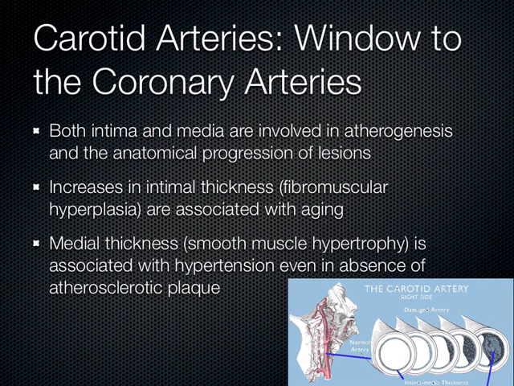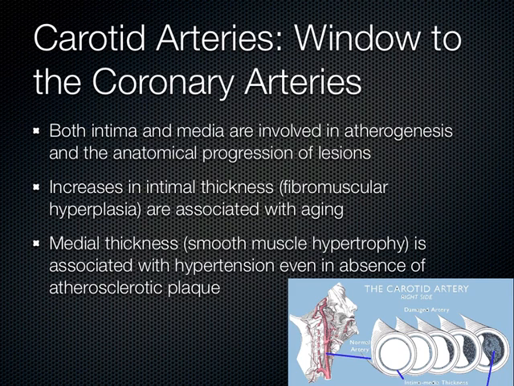Now we're going to talk about the carotid arteries, and a lot of people think that the carotid arteries are a window to the coronary arteries. That if you see disease there in the carotid artery, it corresponds to other disease going on in the rest of the vasculature, particularly the coronary arteries. And because the carotids are so easy to get to, they're right underneath the skin.